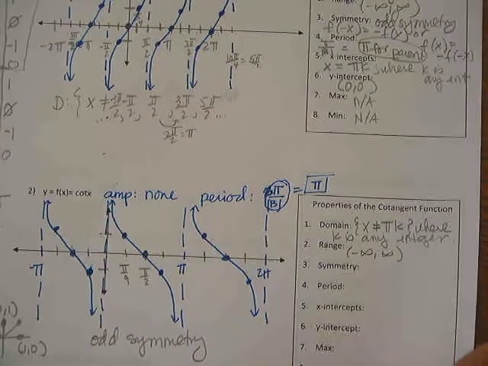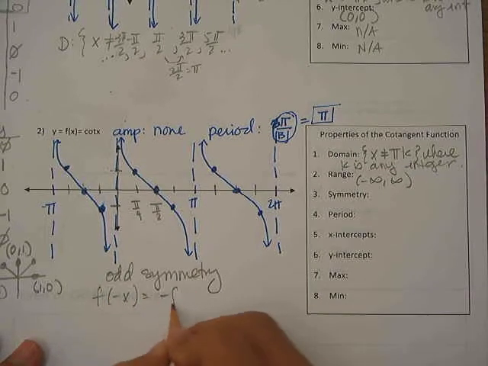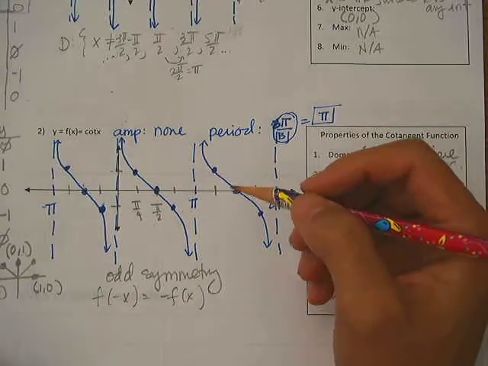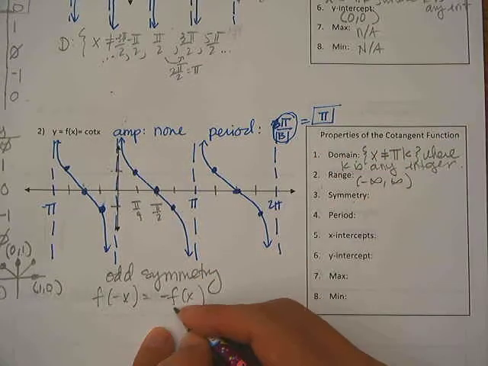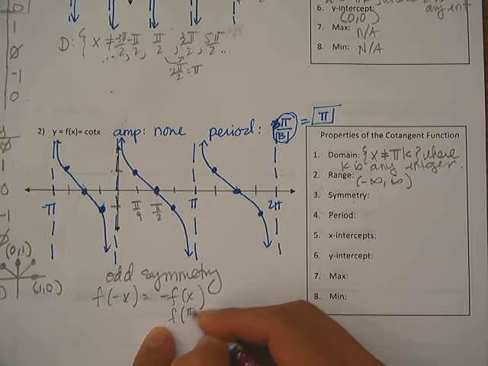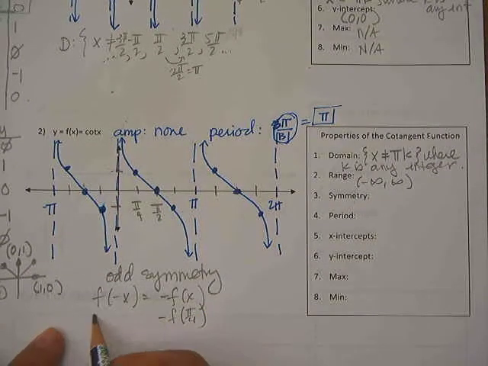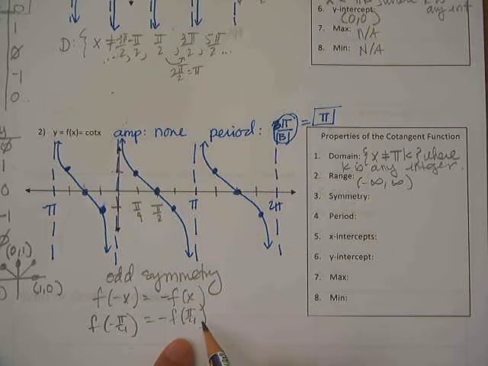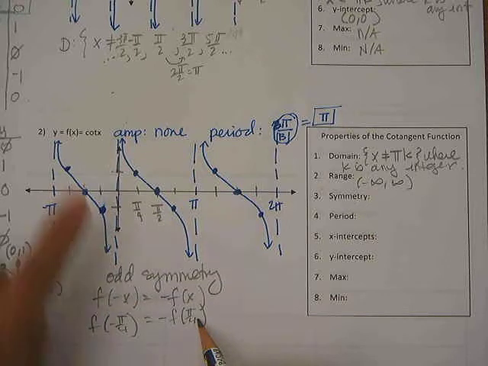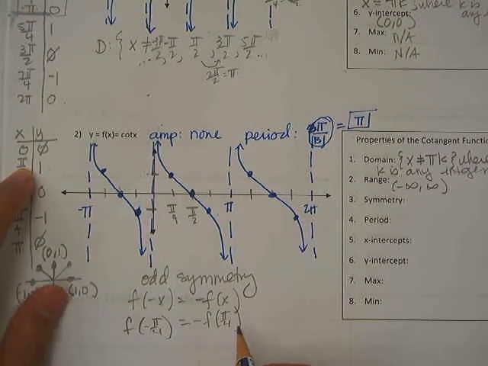We have that equation. We have f of negative x equals negative f of x. So when I pick a positive x, for example, pi over 4, f of pi over 4 should be identical to the negative of f of negative pi over 4. That's what I'm trying to compare. So cotangent of pi over 4, which is right here, is positive 1.